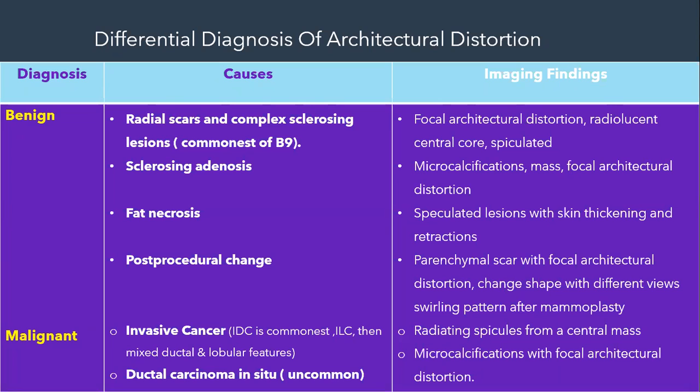And the malignant causes, we said invasive cancer is the commonest, with invasive ductal carcinoma the commonest of these, followed by invasive lobular or mixed type. Ductal carcinoma in situ uncommonly presents with architectural distortion, maximum up to 10%.